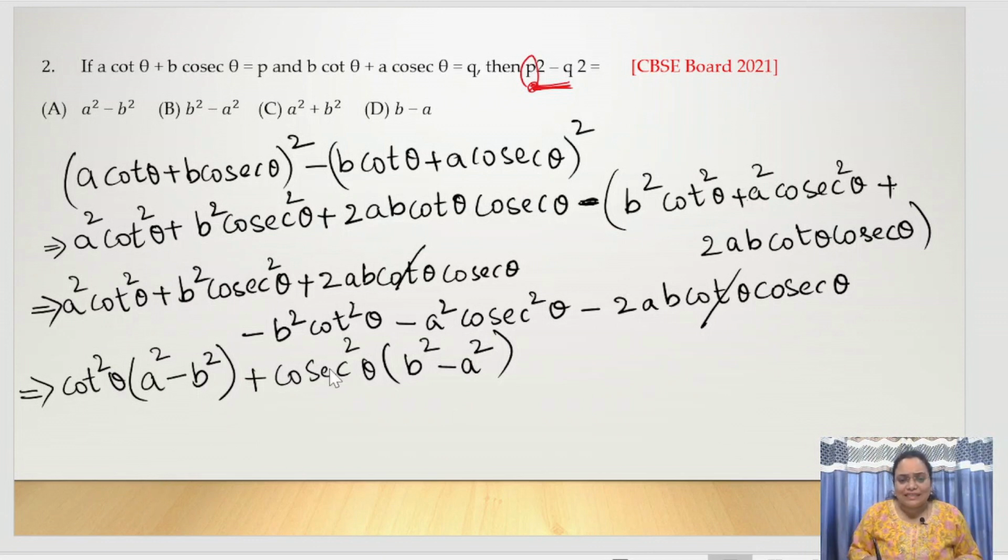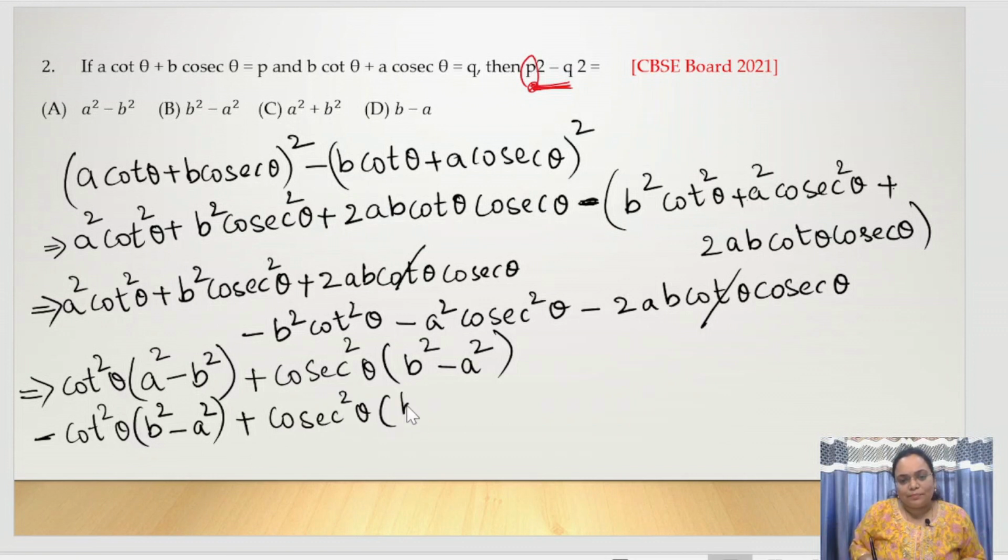Here we have A square minus B square, here you have B square minus A square, right? So let us take minus common here. This will be cot square theta B square minus A square plus cosecant square theta B square minus A square.